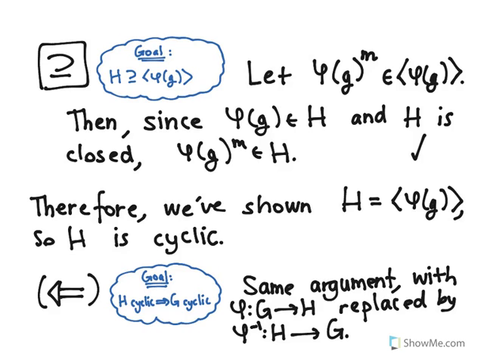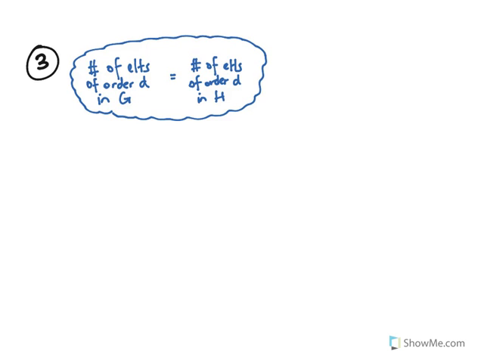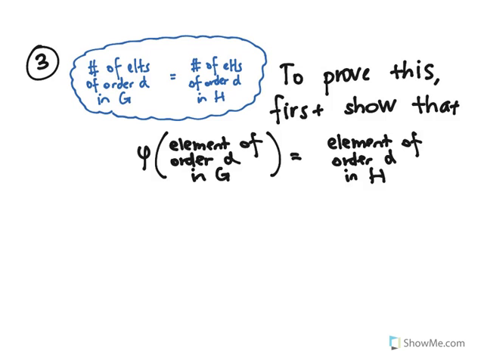I'll just say a couple quick words about point 3 before we end. So remember, point 3 of the theorem was the statement that the number of elements of order d in the group G is equal to the number of elements of order d in the group H. Again, assuming, as always, that these two groups are isomorphic. And so here's the rough idea of how you go about proving that.